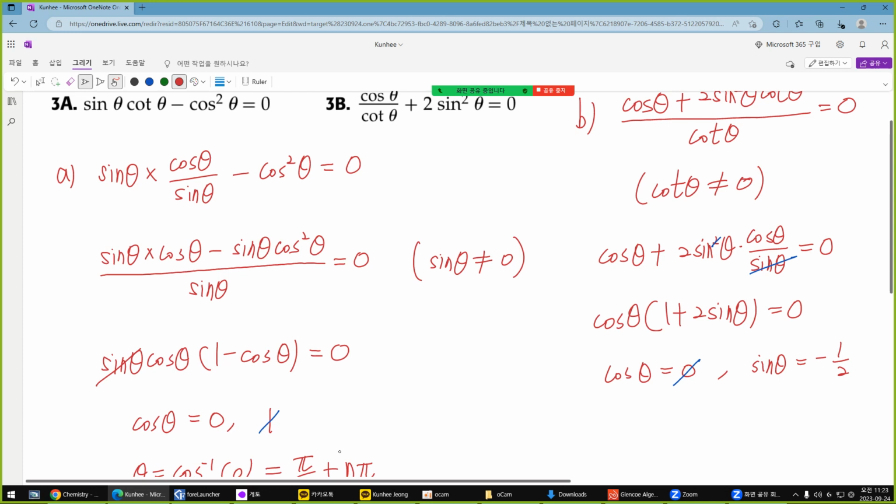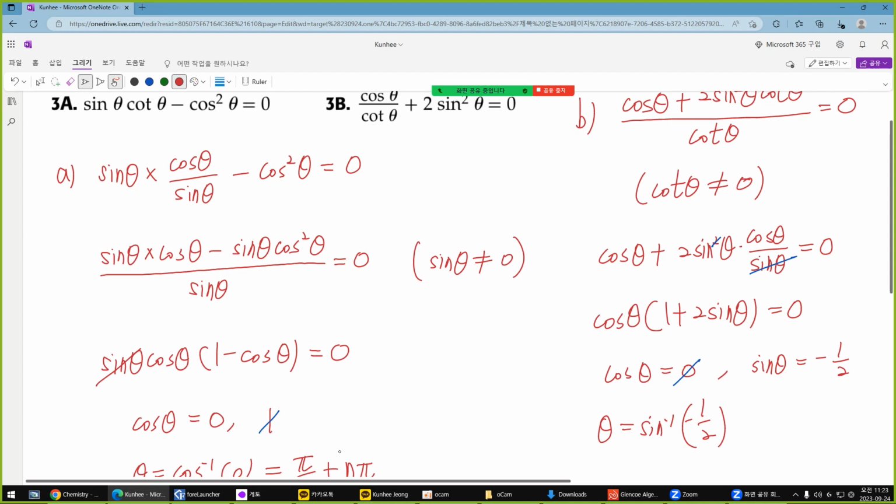So that means theta is sine inverse of a minus half. Find this value using calculator. Sine inverse of minus 1 over 2.